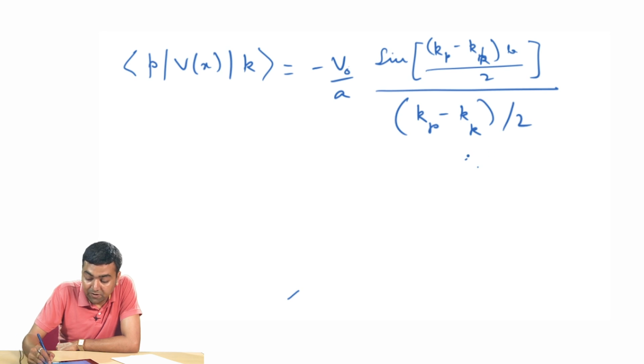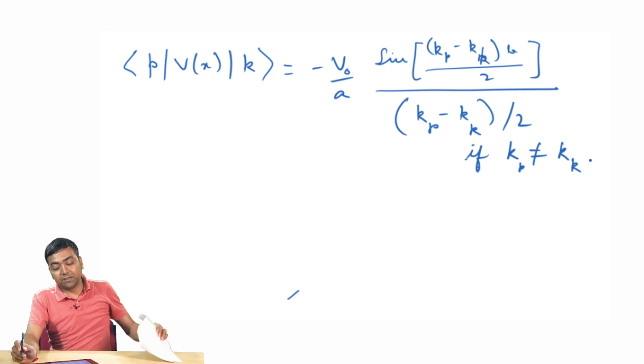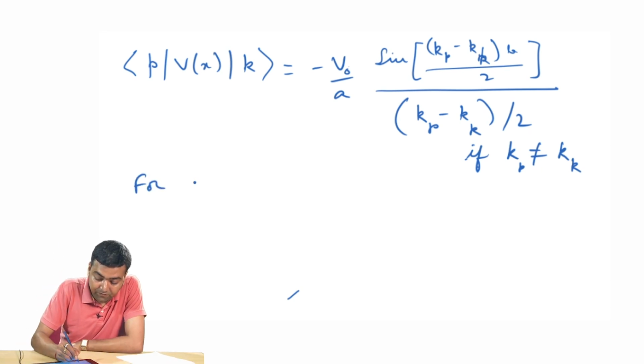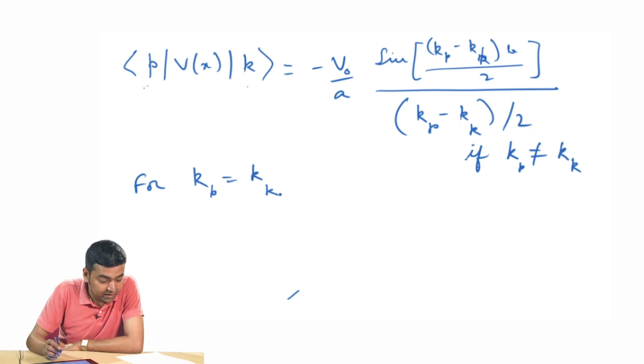Now, this is valid if my k p is not equal to k k. Now, if my k p is equal to k k, that is, the two wave vectors corresponding to these two are the same, we need to evaluate it in a slightly different way.